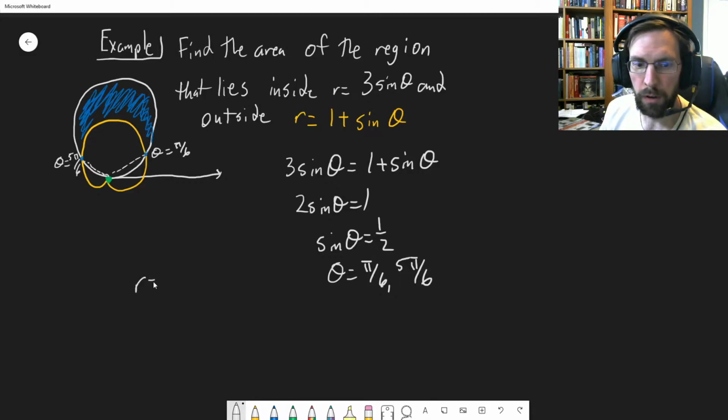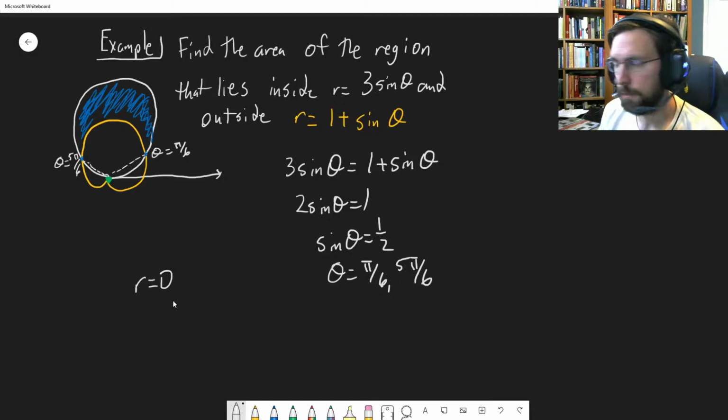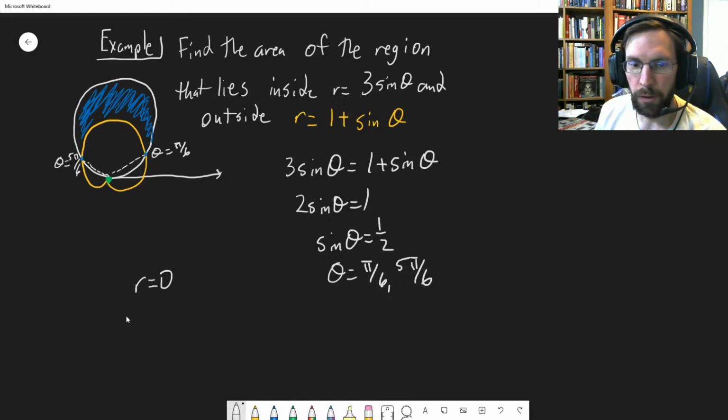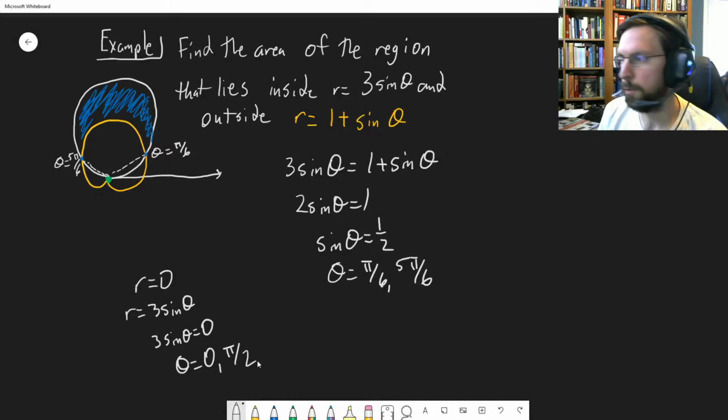Okay, so we know r equals 0 at the pole. So for the curve r equals 3 sine theta, that occurs when 3 sine theta is 0. So that happens when theta equals 0 or, say, pi.